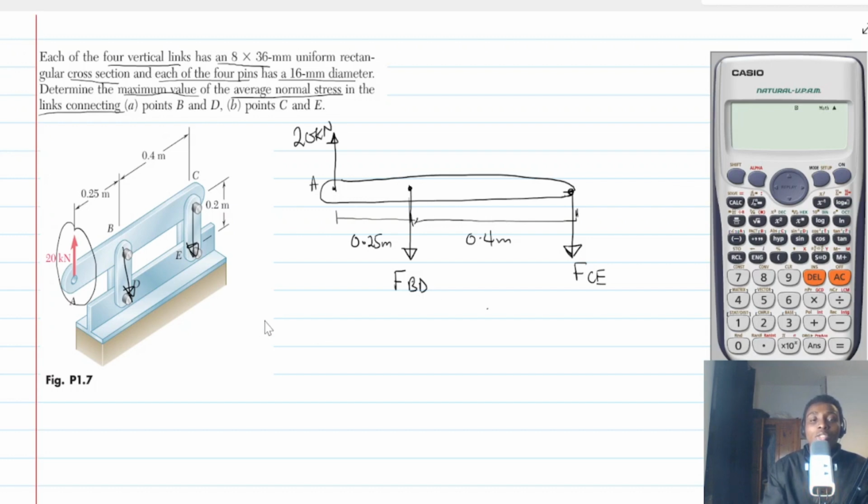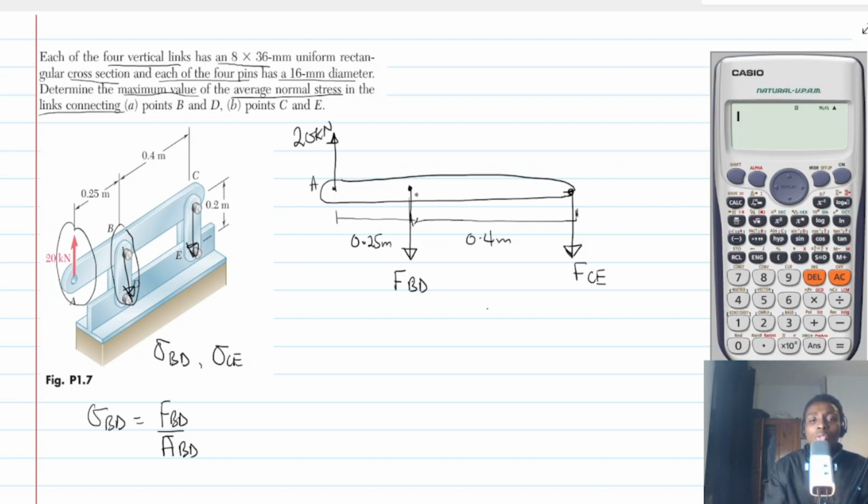We want to find the stress in this section, but before we can get the stress in BD and then the stress in CE, we would have to find PBD over ABD, which is the area. So we need to find that P, or let me use FBD. That is the reason why we have to do this.